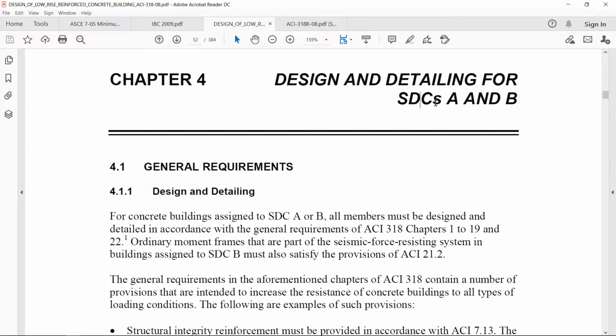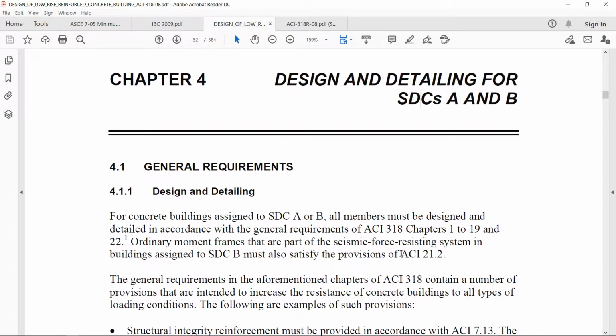But now my emphasis is what I want to make clear, that if you are designing a building in seismic design category A and B, where the minimum requirements are there, what you have to do. So let us first understand what are these SDCs.